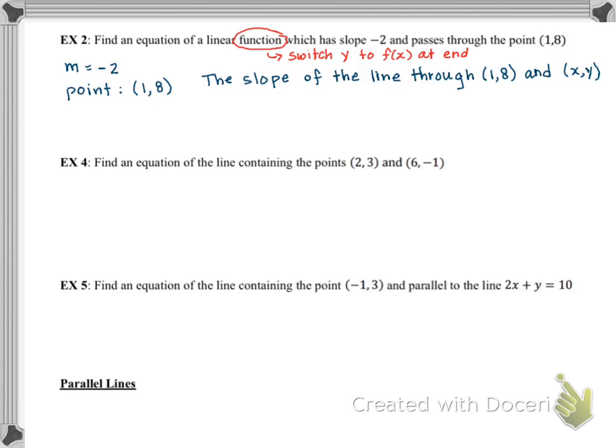Again, just using the slope formula. So my slope formula is m equals the change in y, so y minus 8, over the change in x, x minus 1.